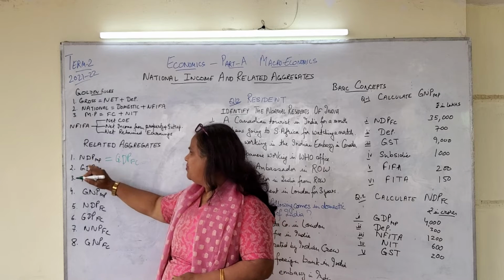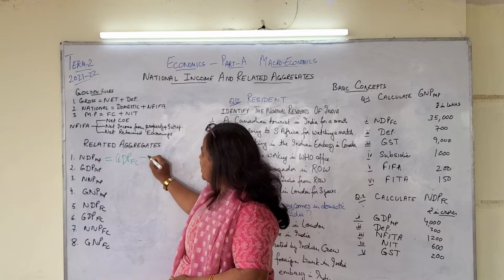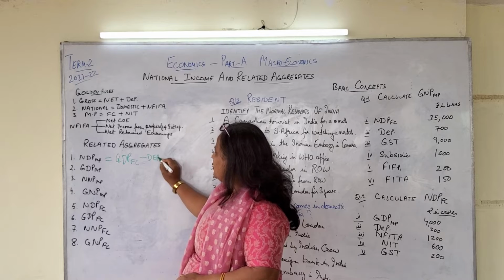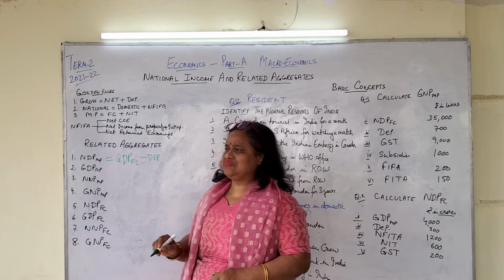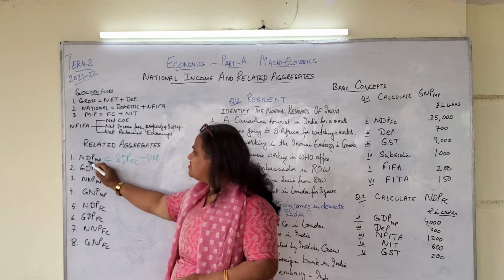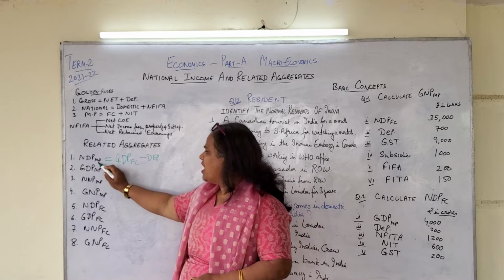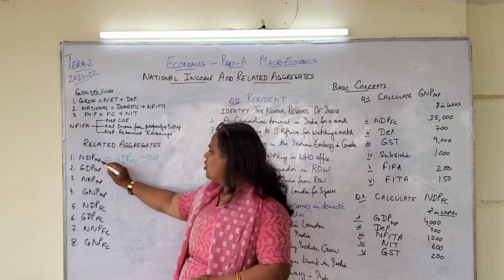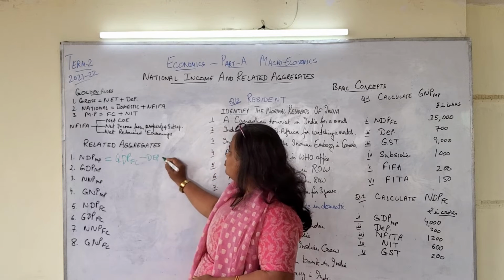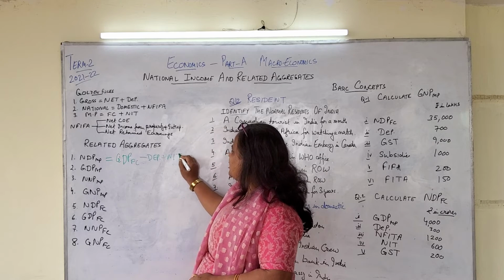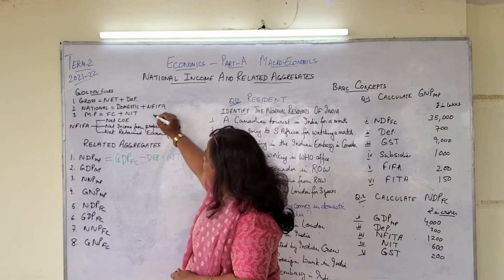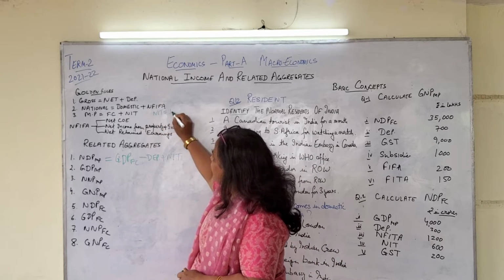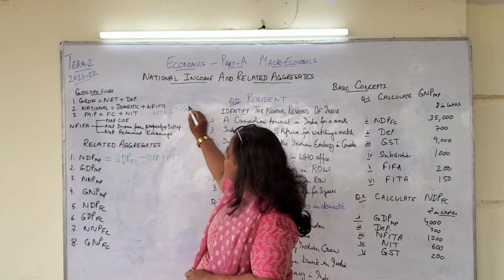Gross minus depreciation will give you net. Domestic and domestic is the same. And how do you convert factor cost to market price? Plus net indirect taxes, and net indirect taxes is indirect tax minus subsidies.